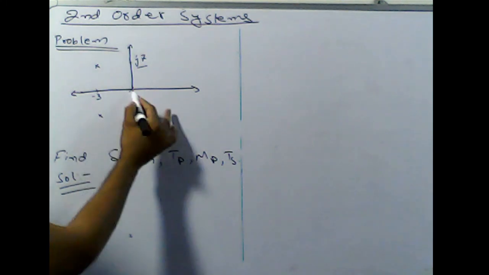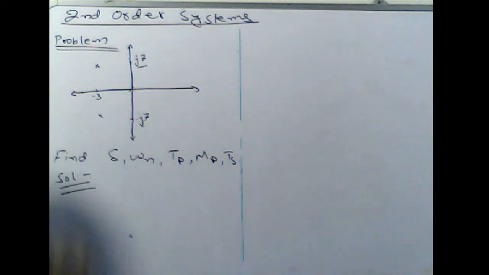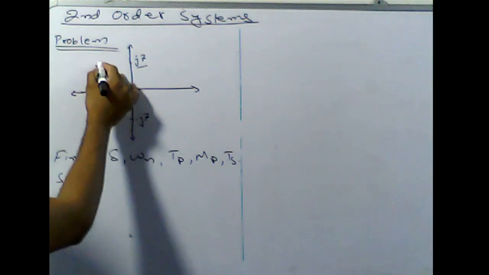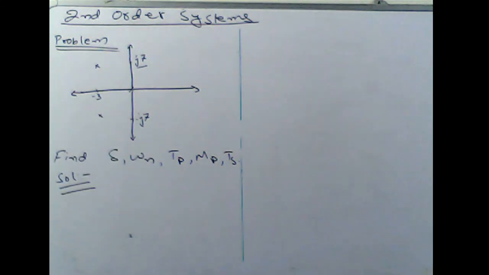Similarly, the distance from the origin to this point is minus 3. The locations of the poles are here and here. Now, from the location of the poles, we can say this is an underdamped system.